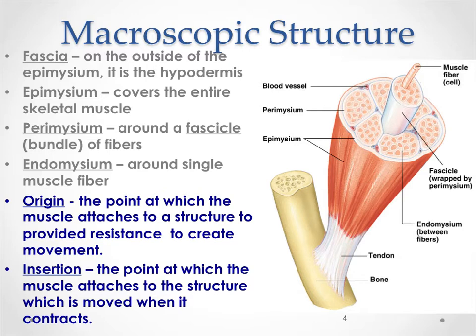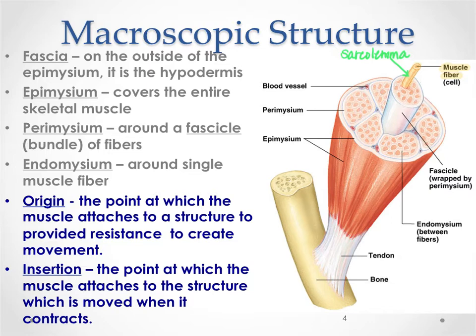Muscle fiber. Y'all know I do that all the time. Muscle fiber. Okay, so that is this section right here. It is covered in a layer of tissue called the sarcolemma, and this is a special name for the plasma membrane of that muscle cell. So it's just the plasma membrane of the muscle cell. It's called the sarcolemma.